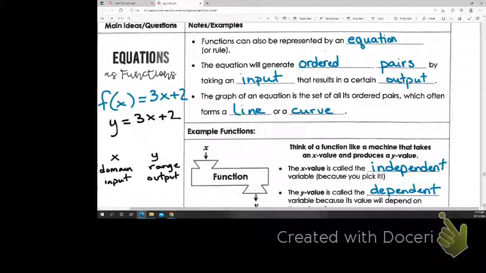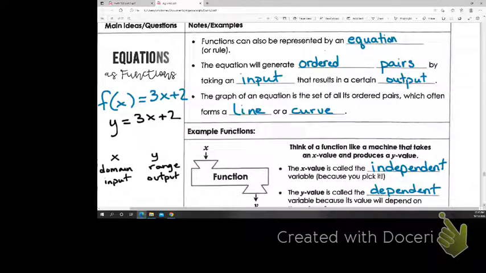After we come up with a table, typically we'll be making some tables here, we graph the equation. The equation is the set of all its ordered pairs, and often, the ones we're going to do will form a straight line, or they could form some sort of curve or other shape.